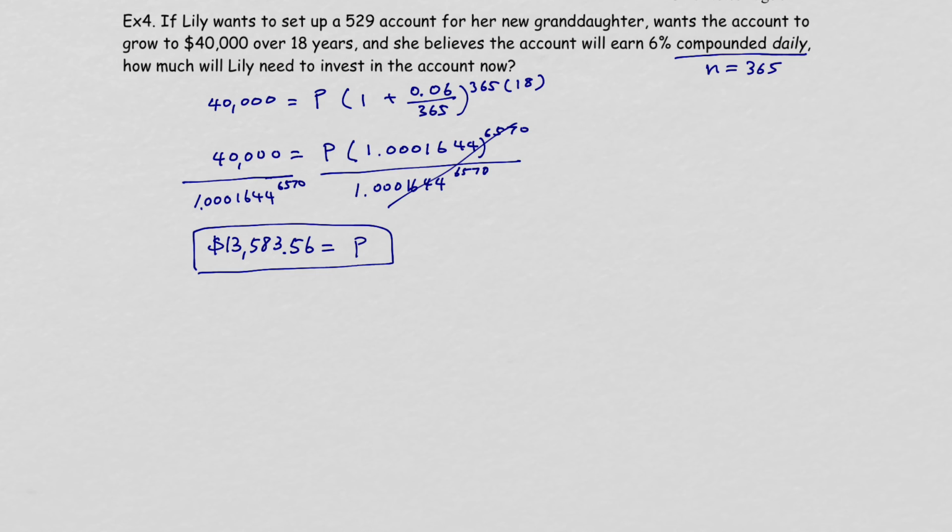Compounding daily, your principal has to be 13,583. So this is going to be less. So the smaller amount, but the compounding period gets bigger, you get more money, right? So that's something that we can compare from example 3 versus example 4.